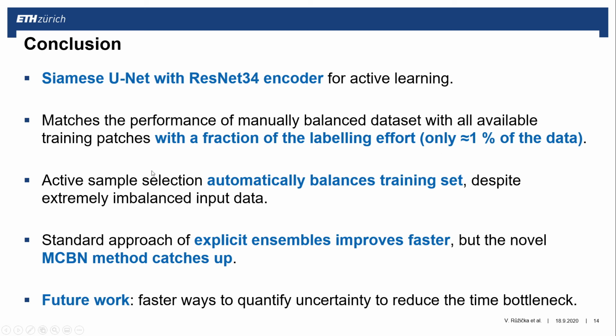We also demonstrate some intuition behind the process, and we show that the active sample selection tends to automatically balance the training set, despite the extremely imbalanced nature of the input data.